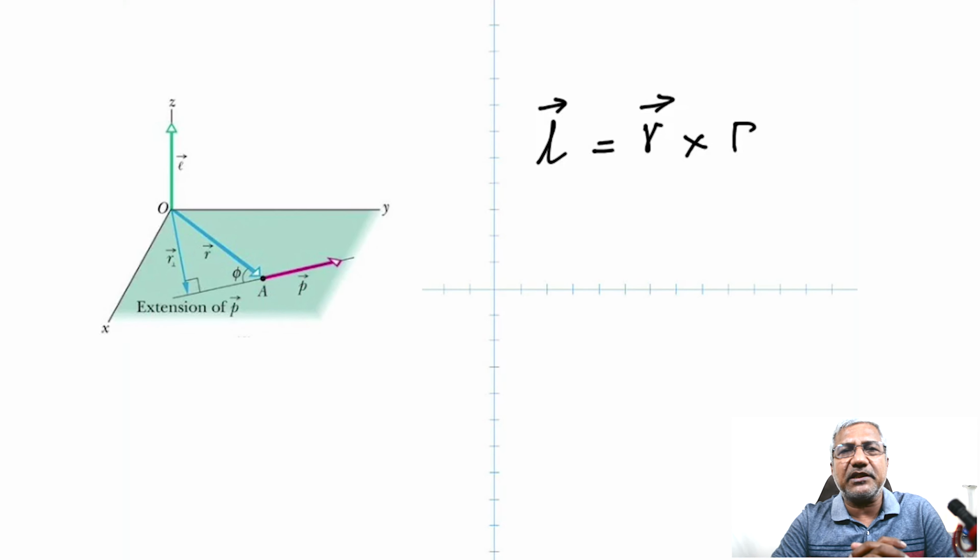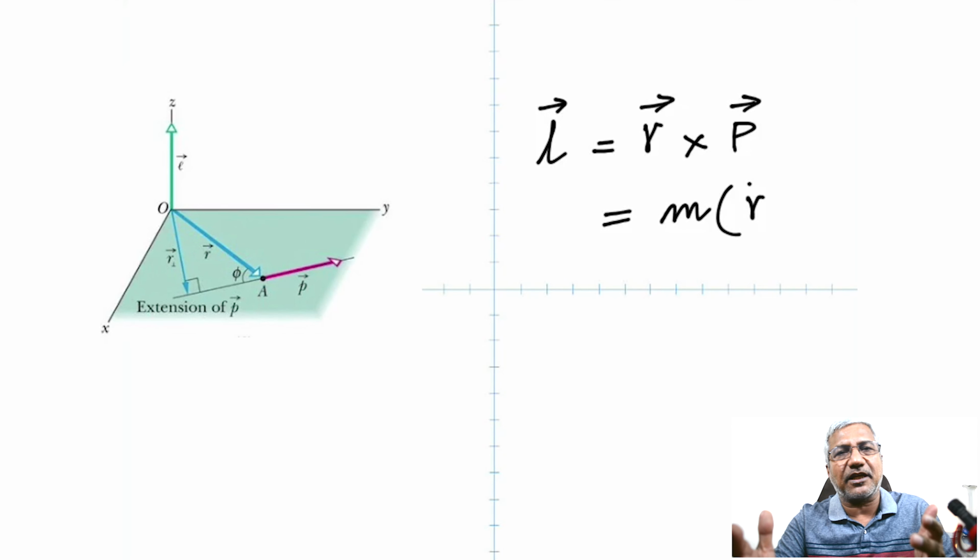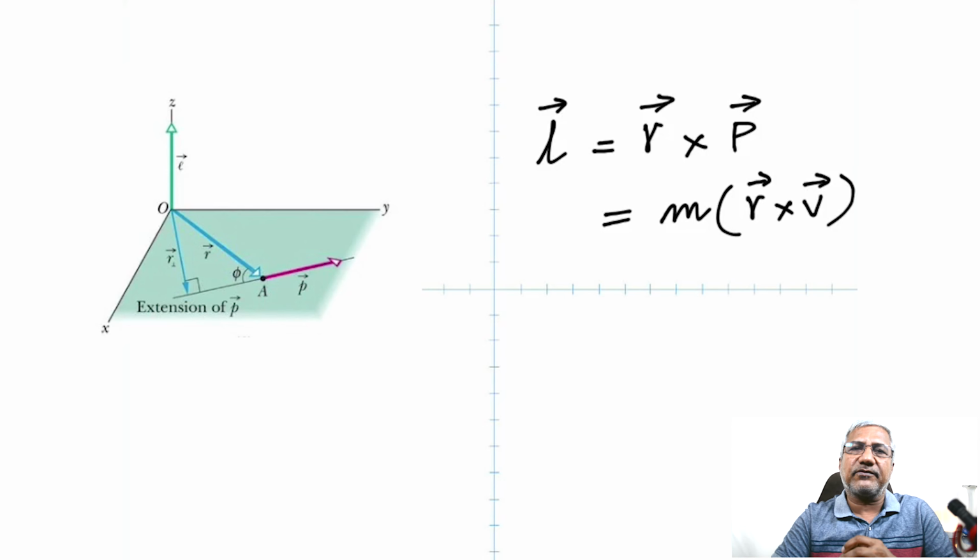Therefore, angular momentum is sometimes called the moment of momentum because it's the cross product of R with P. And what is P? P is mass times velocity. So you can take that mass out and you can also write it as mass times the cross product of the radius and the linear velocity.